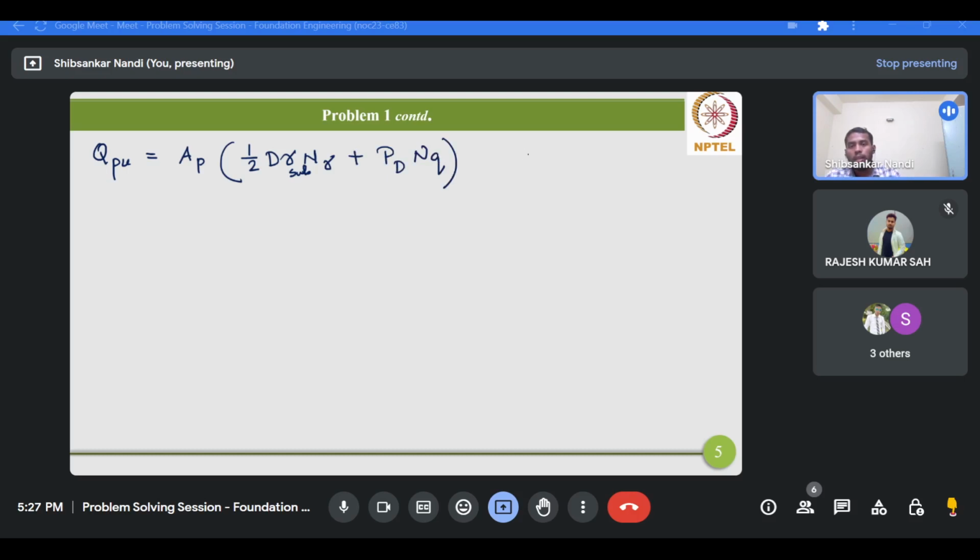Now what is PD? For calculating PD, you should know the effective vertical overburden pressure at the pile tip. Suppose this is the elevation, so this is 0 meter, and this is minus 20 meter, and somewhere here is minus 8 meter.